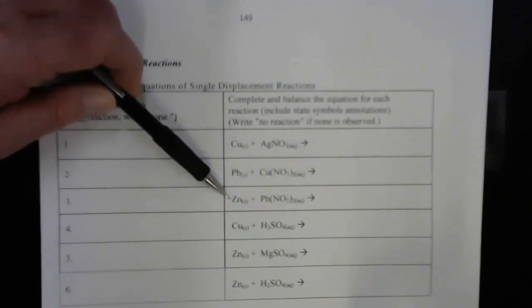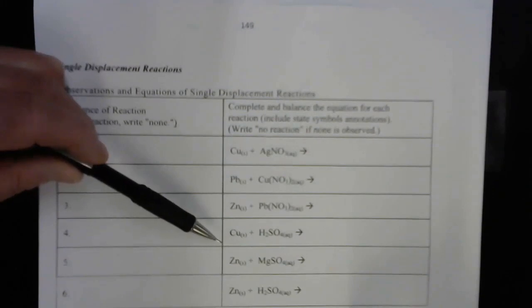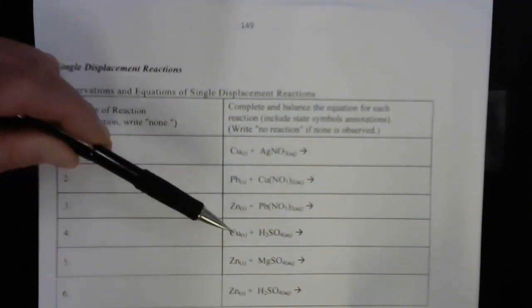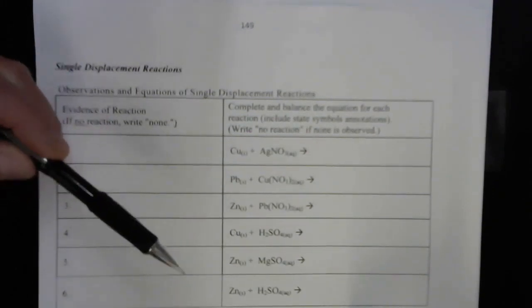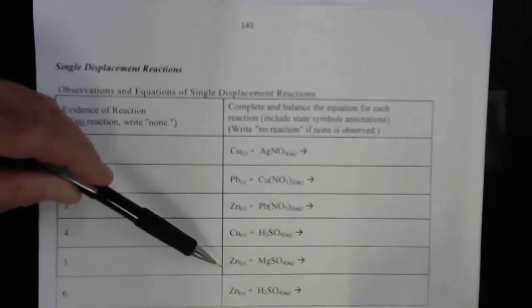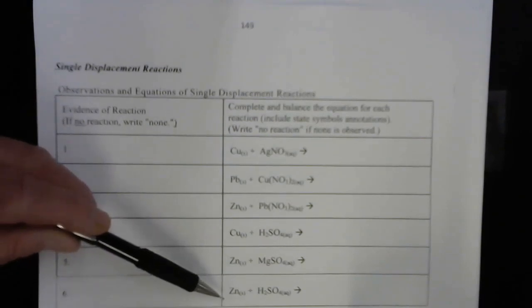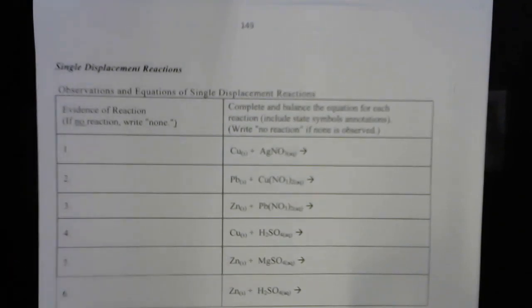No reaction of zinc with lead nitrate. No reaction of copper with sulfuric acid. No reaction of zinc with magnesium sulfate, but clearly a reaction of zinc with sulfuric acid.